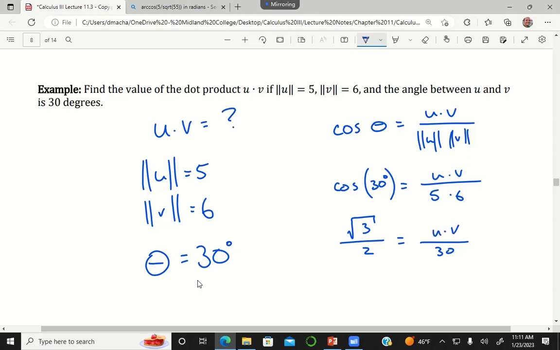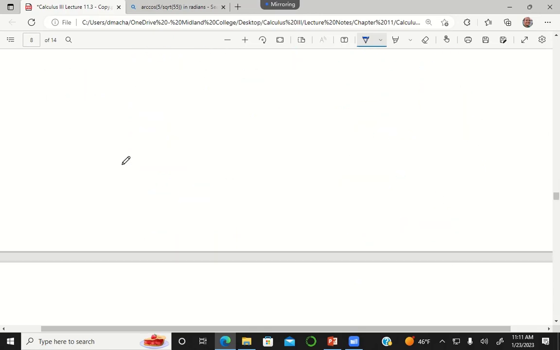And our original question was asking, what is u dot v? Well, I just have to multiply both sides by 30, and then u dot v is just 15 times root 3. Does that make sense? So if you had this formula memorized, it should be pretty quick and easy to answer that type of problem.